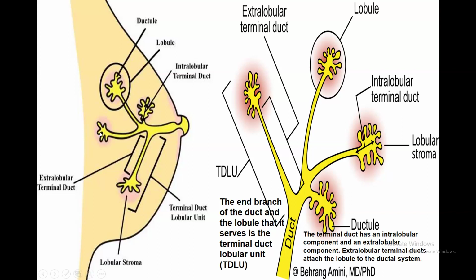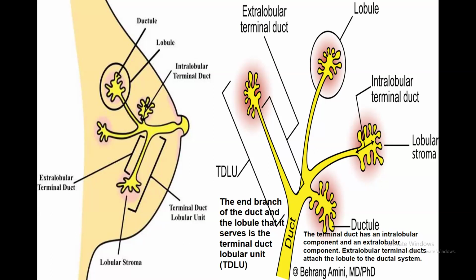Okay. So, again, this is a terminal duct. See, this is a subsegmental duct or a main duct, divided into terminal ducts, extralobular terminal duct. Along with the lobule, we said these are lobules. The lobule with the extralobular terminal duct together form the terminal duct lobular unit.